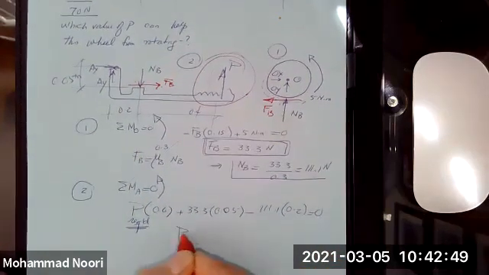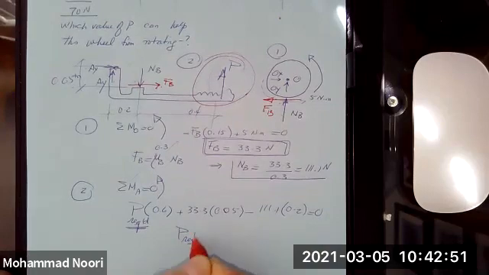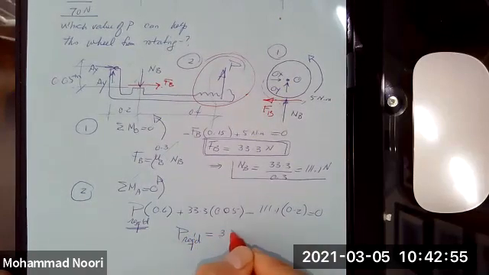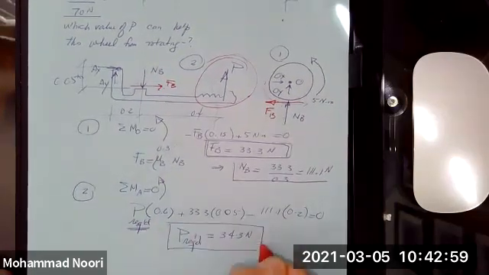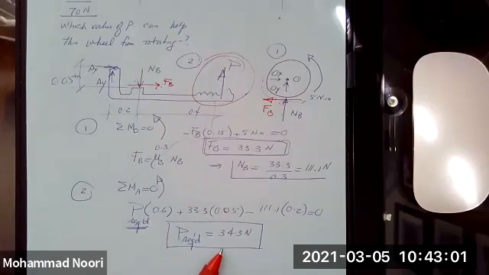If you solve, you find the force required to keep this in equilibrium is 34.3 Newton. So you need a minimum force of 34 Newton to keep this in equilibrium.